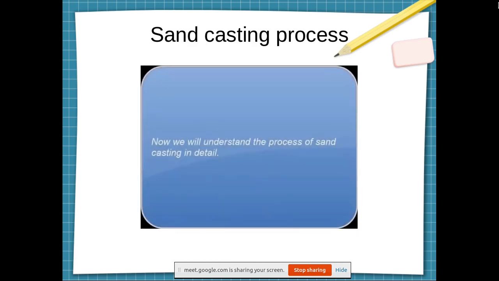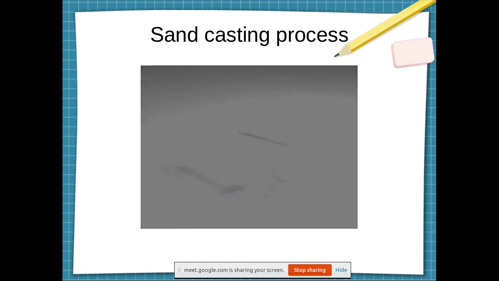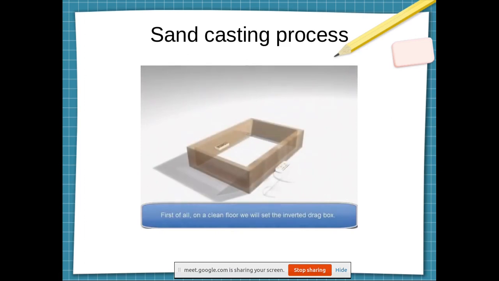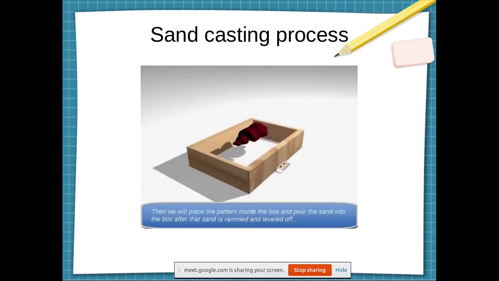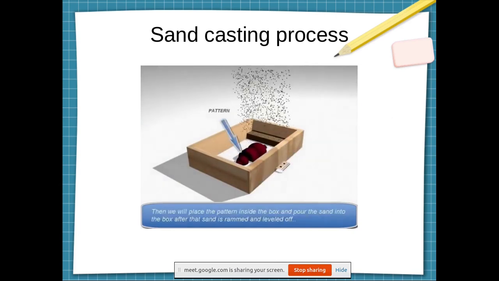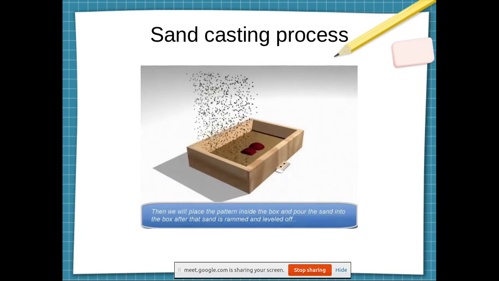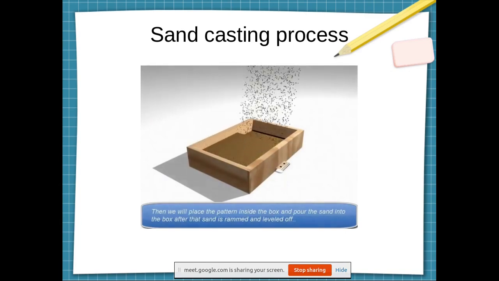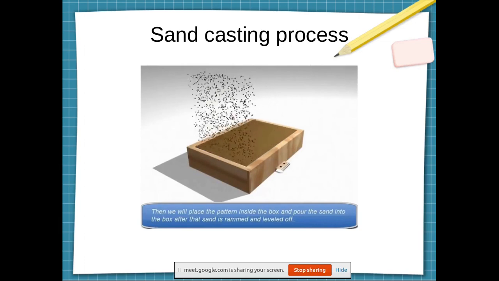Now we will understand the process of sand casting in detail. First of all, on a clean floor, we will set the inverted drag box. Then we will place the pattern inside the box and pour the sand into the box. After that, sand is rammed and leveled off.